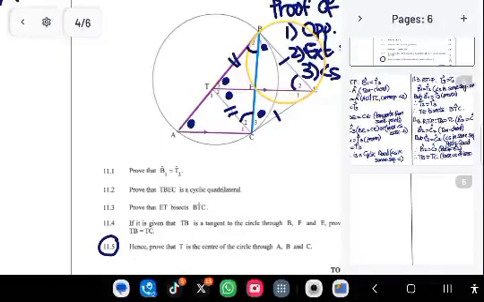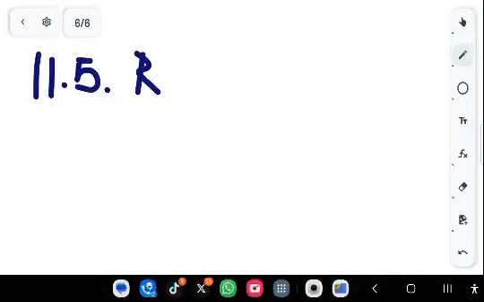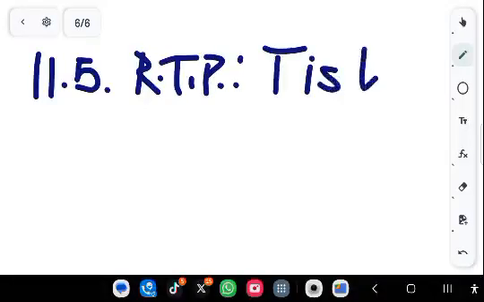All right, that is 11.5. We are required to prove T is the center of the circle.